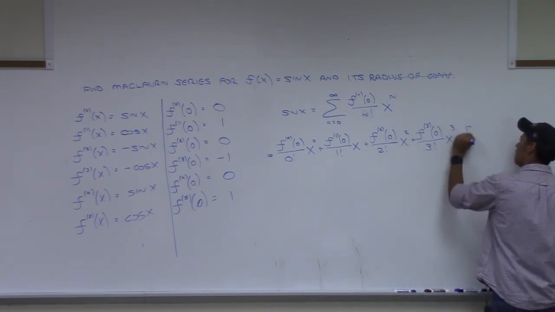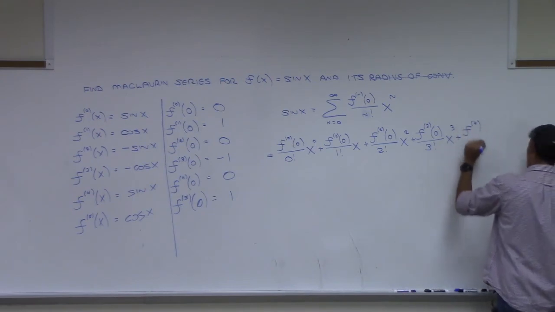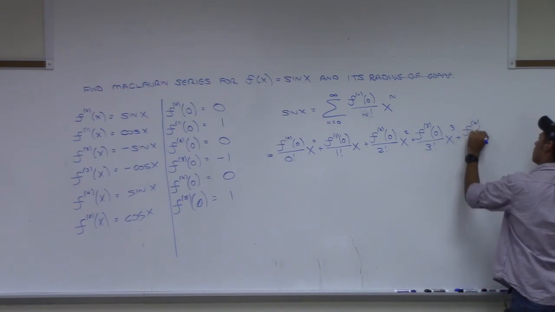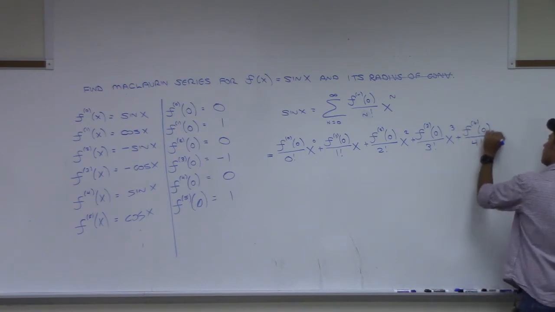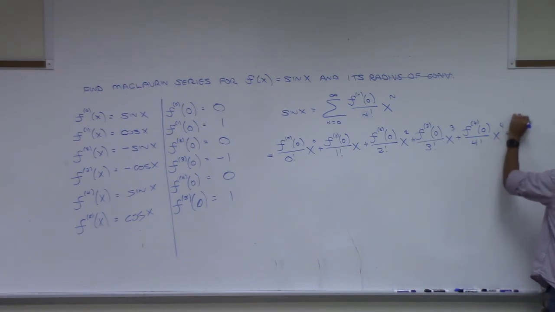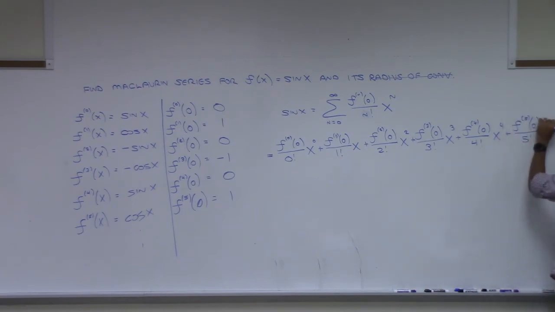Am I going too fast? I feel like I am, yes. Maybe one more. Fifth derivative at 0 over 5 factorial x to the fifth plus dot, dot, dot.